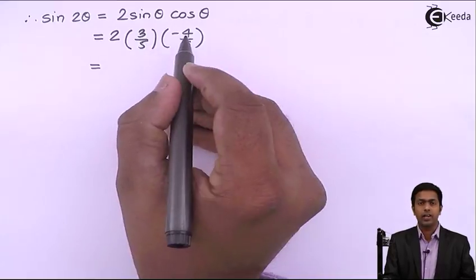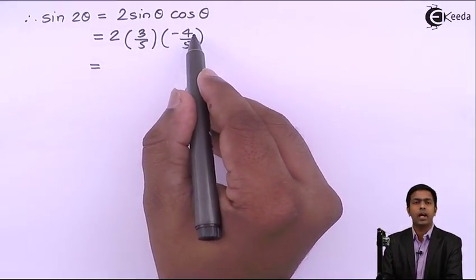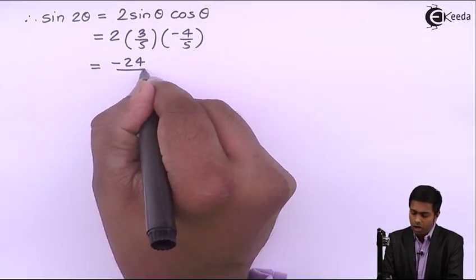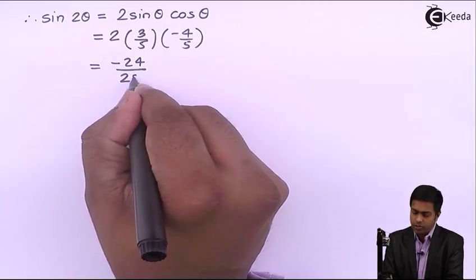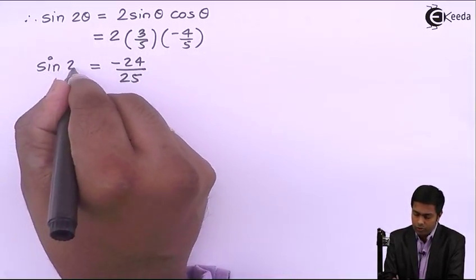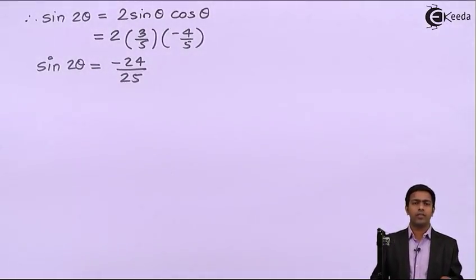This will give us 2 into 3, that is 6, and 6 into minus 4, that is minus 24, upon 5 into 5, that is 25. So we get the value of sin of 2 theta as minus 24 upon 25.